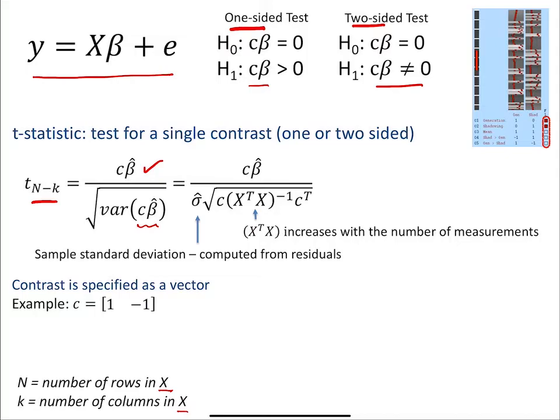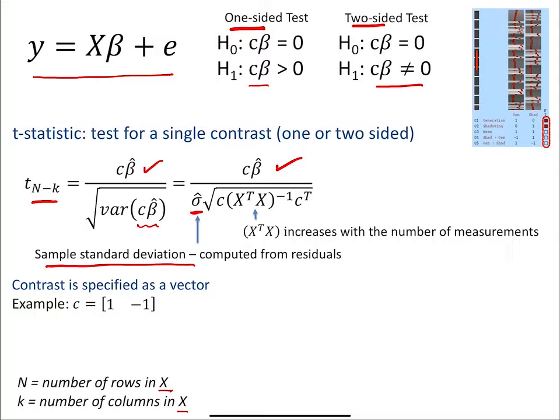And then if we write it out in terms of the general linear model, the top stays the same, and let's unpack the bottom a bit. The denominator has two terms. One is this sigma hat, which is just your sample standard deviation. That's computed from your residual. Everything the model can explain is not error, and the standard deviation of the remaining error is your sigma hat.